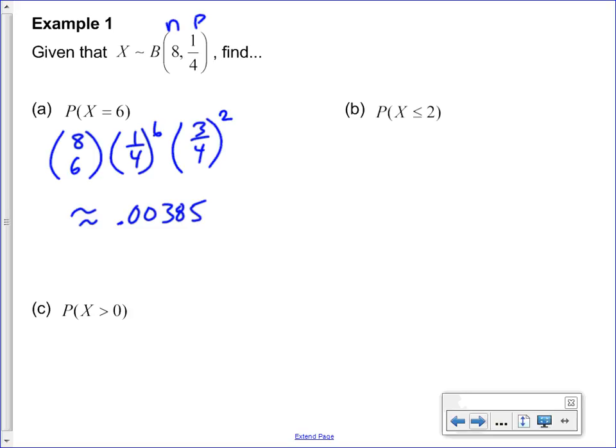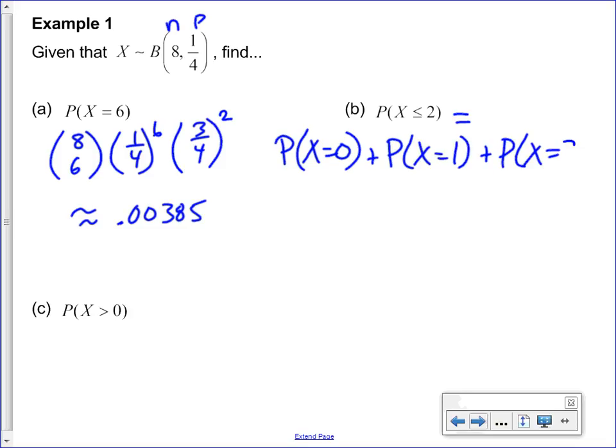All right. The next probability. I like these ones. They look horrible, but it's just common sense. So if X is everything up to and including 2, then wouldn't you say this is the same thing as P of X equals 0 plus P of X equals 1 plus P of X equals 2?